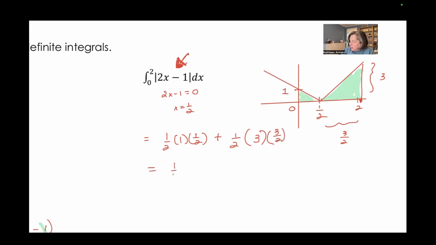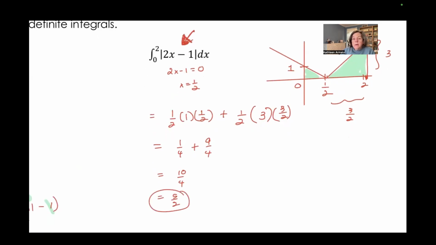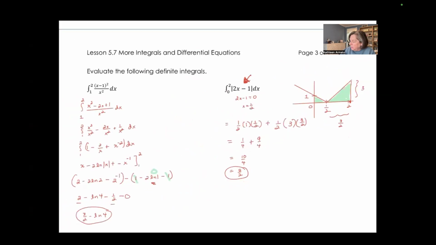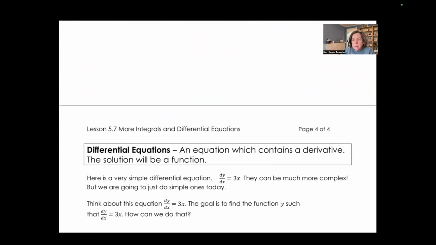And then I just need to do a little arithmetic. So I would have 1/4 plus 9/4, which is 10/4, which is 5/2, would be my answer. So sometimes it is easiest, when we have the absolute value, to go back and use the area underneath the curve and use geometric formulas.